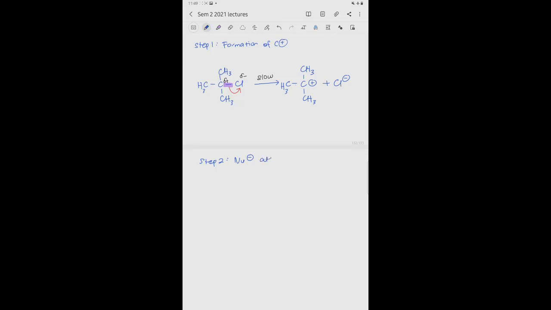So we rewrite the structure of the carbocation that we got in step 1. And this carbocation will react with the nucleophile. And the nucleophile here, we have the reaction.